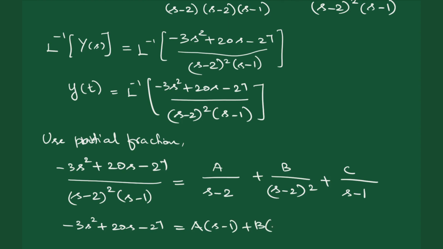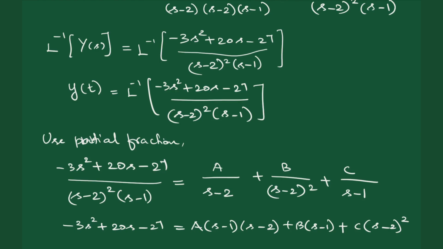So a into s minus 2 into s minus 1, plus b into s minus 1, plus c into s minus 2 whole square. So now by the substitution method we can find what is a, b and c.